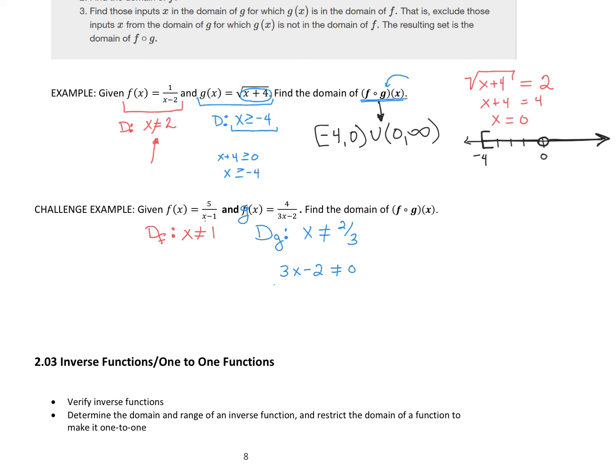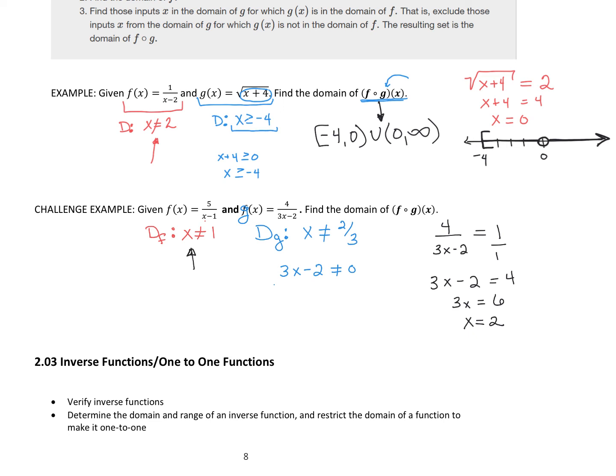All right, so the question is, does the value of g of x, 4 over 3x minus 2, ever equal 1? And if it does, we need to exclude that x value. So I'm going to cross multiply. 3x minus 2 equals 4. 3x equals 6, so x equals 2.